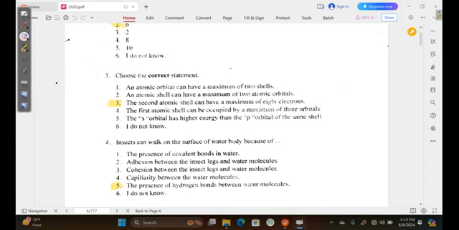Question 4 is saying insects can walk on the surface of a water body because of, 1, the presence of covalent bonds in the water. In as much as this may sound right, this is wrong because these are intramolecular forces, and this is in one water molecule.